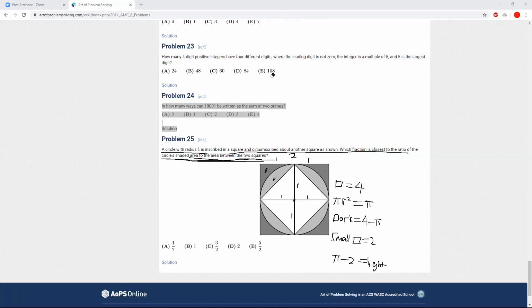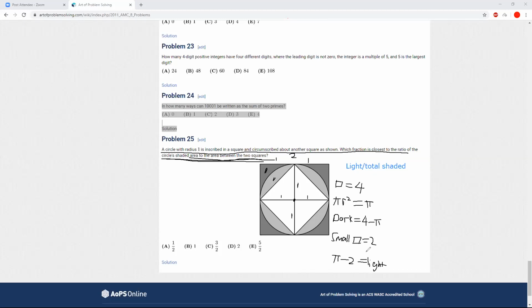So instead, this question is asking for the light region divided by the area between the squares, or total shaded. Yeah, I would have definitely got this one right. Got it wrong on the test.